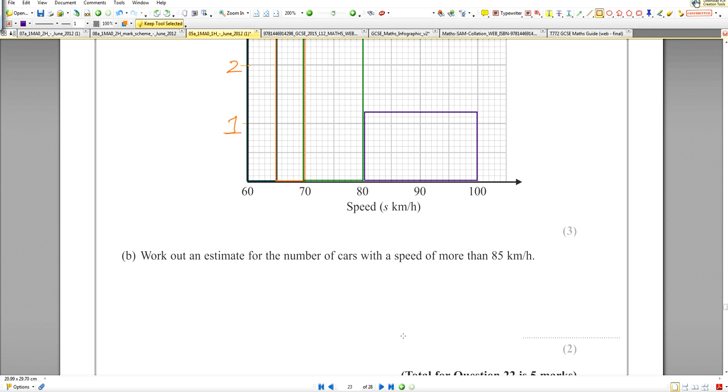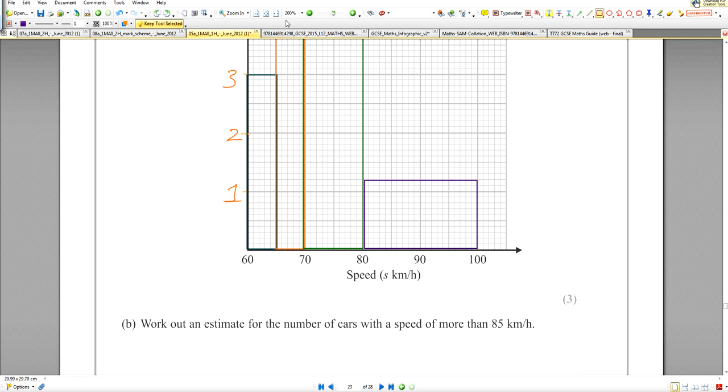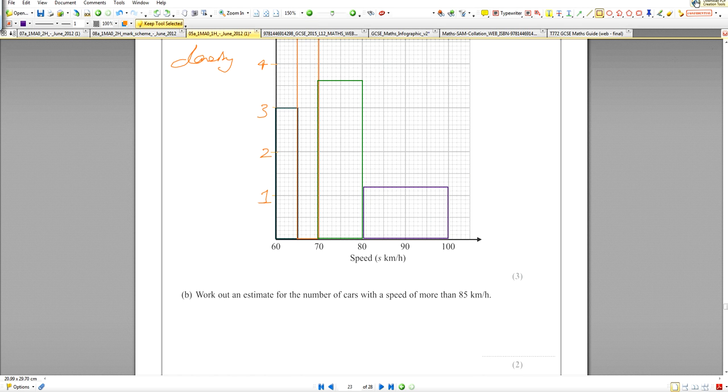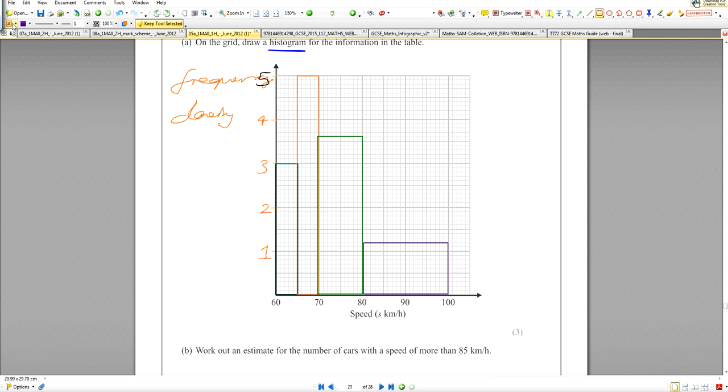Work out an estimate for the number of cars with a speed of more than 85 kilometers an hour. Okay, let's zoom it back down a bit. Here we go. Now 85, let's get a different color now. Let's get it red. Where's 85?